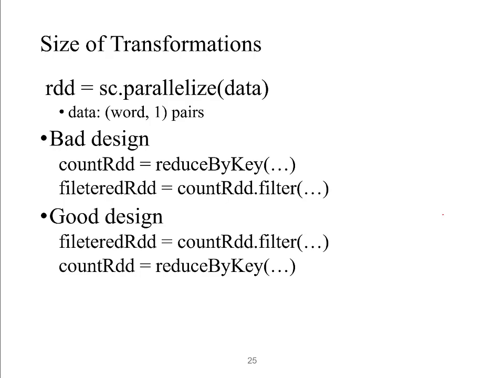Here we have this word count problem, but with an additional condition, saying that we only count those words that start with T. For example, if we have a sentence like "this is the example", then we don't care about the count of "is" and "example".